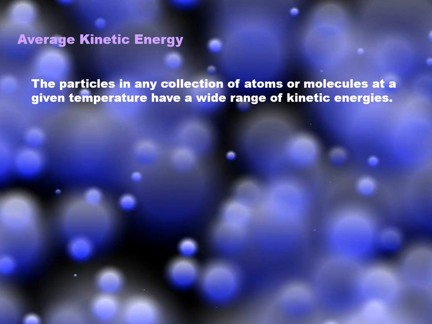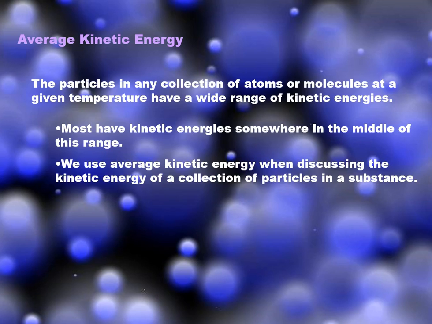The particles in any sample of atoms or molecules at a given temperature have a wide range of kinetic energy. Like, they're not all moving at the same speed. Most have kinetic energies somewhere in the middle of that range. So we use the average kinetic energy when we're discussing the kinetic energy of a collection of particles in a substance.